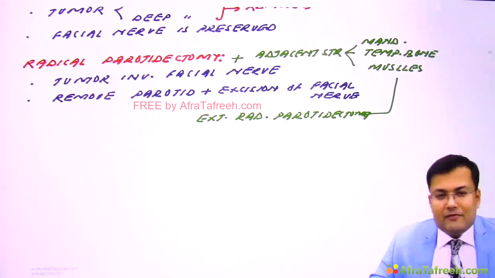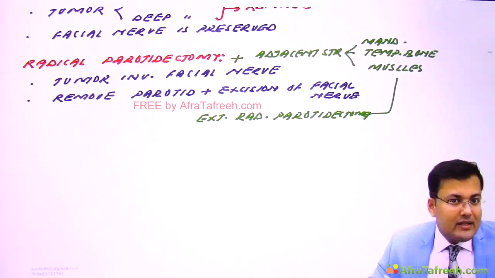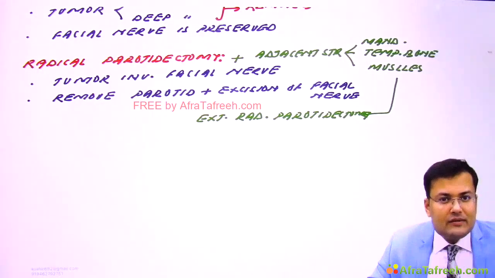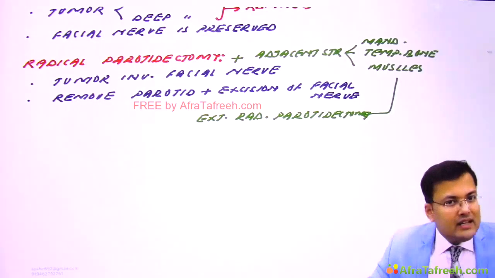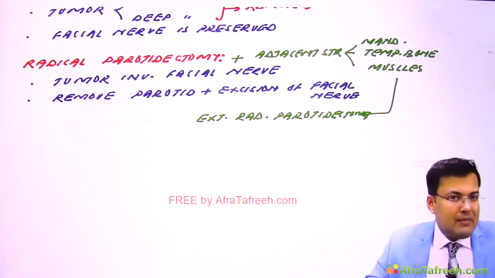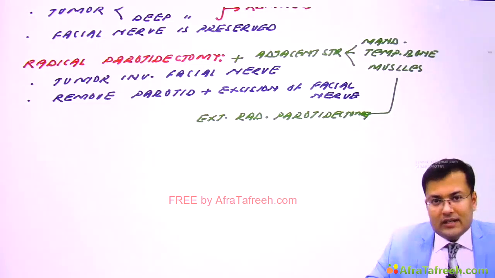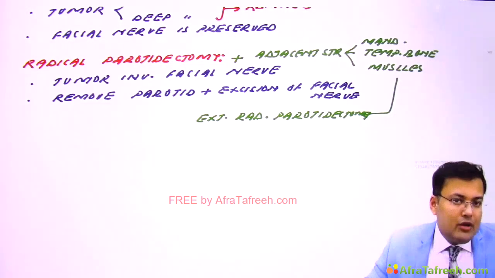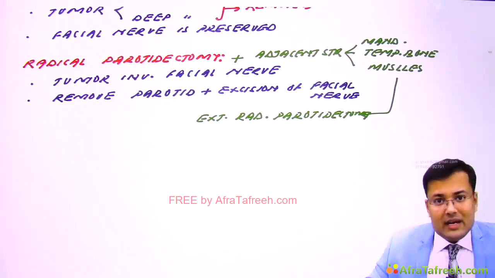Now whenever we are performing parotidectomy, there are certain landmarks for the facial nerve. What are the surgical landmarks for the facial nerve? We discussed one, the retromandibular vein. What are the other landmarks?